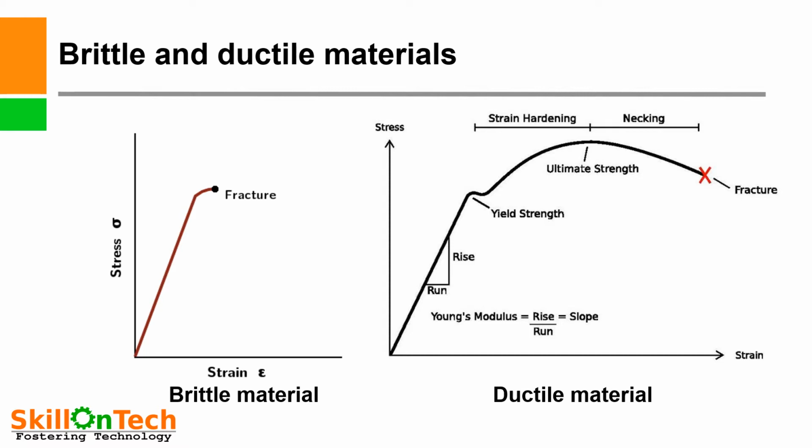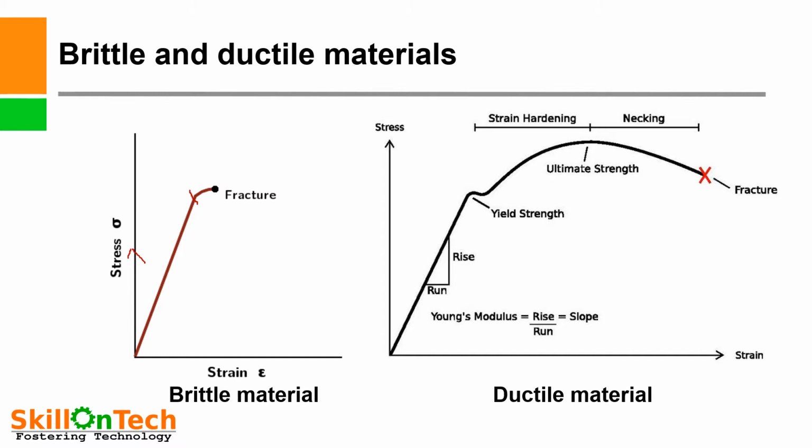Here you can see a graph of brittle material and ductile material with respect to their stress and strain. What we see in a brittle material is, when we apply stress on a specimen, up to a certain limit, that is called the elastic limit, the stress and strain are proportional.